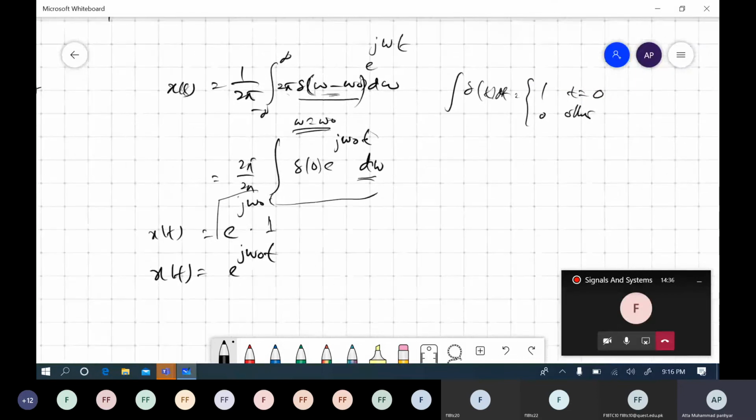Now you can see, if you want to plot this signal delta omega minus omega naught on the omega axis, it must be at omega naught, and its amplitude must be 1 in the frequency domain, right?